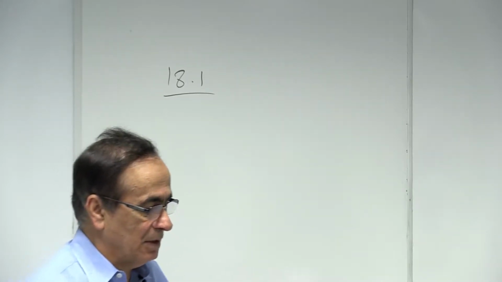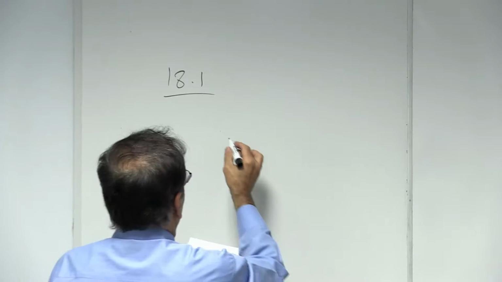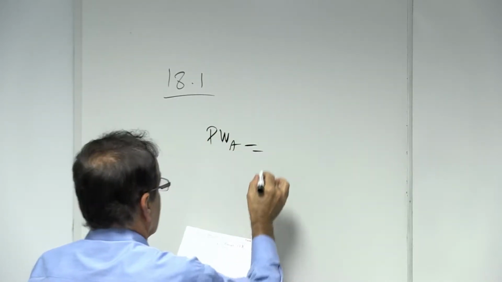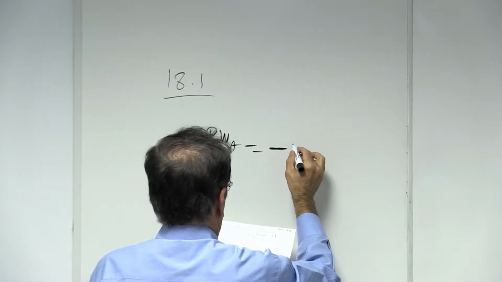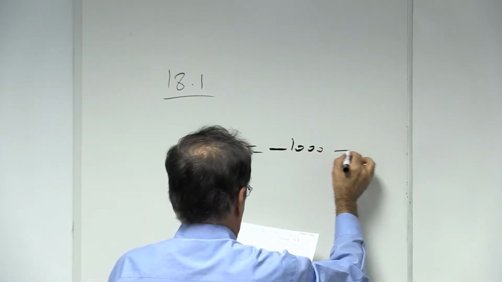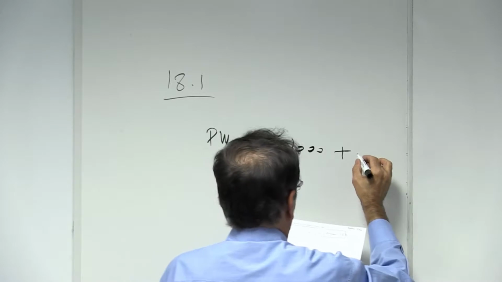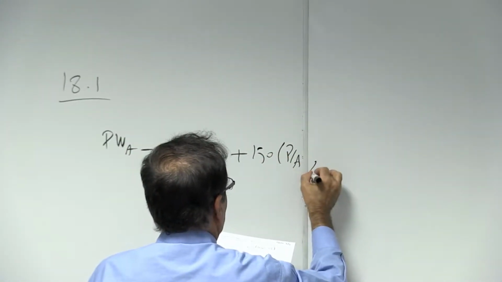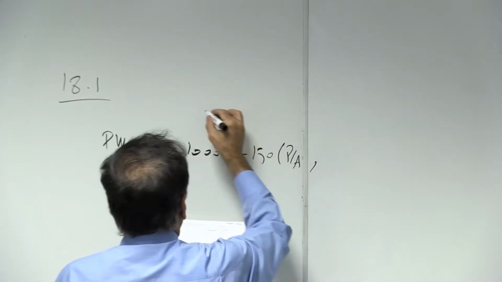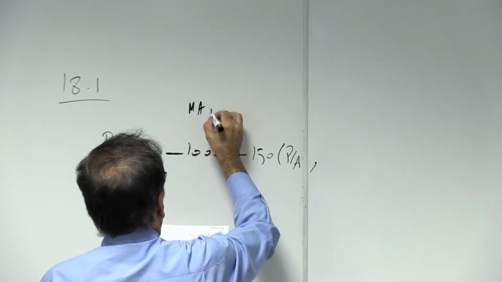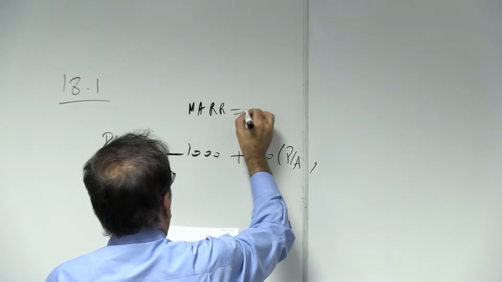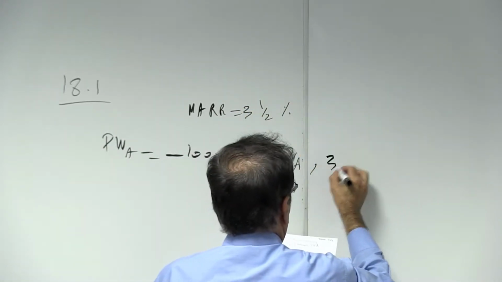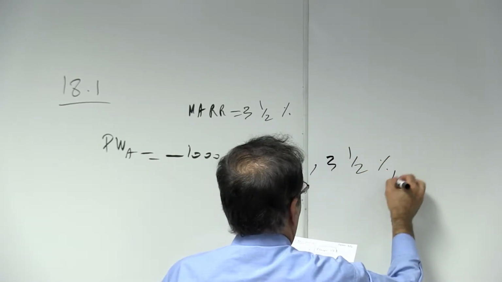I'm going to do it again, but I'm going to use the present worth method for alternative A. The first cost is 1,000. The annual benefit is $150. We multiply this by P given A, the minimum attractive rate of return is 3.5%, for 10 years.